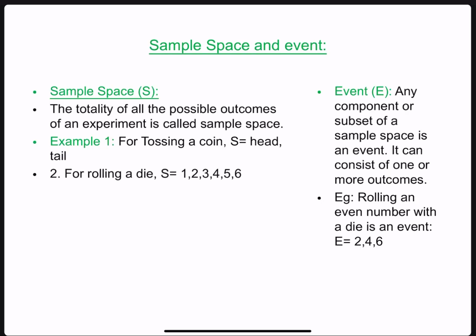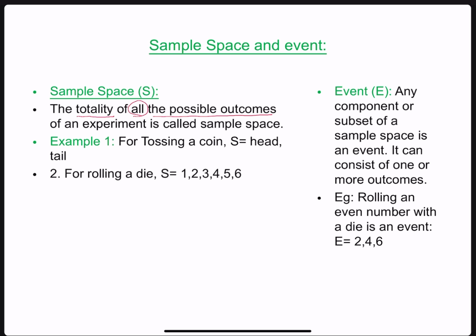Now let's go to sample space. What do you understand by sample space? The totality of all the possible outcomes of an experiment. Let's take an example from tossing a coin. Our sample space is head and tail. These are the possible outcomes.